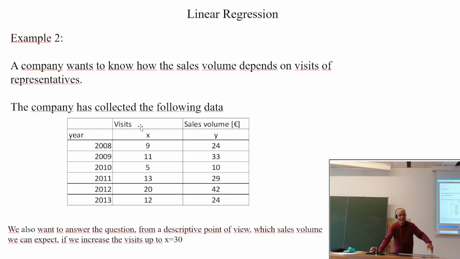Now it is the visits of the representative ringing at the door of some people and then selling maybe his product. And there we see that we have a dependence between the visits and then the sales volume, similar to the orders and the number of orders and the volume in the former example.